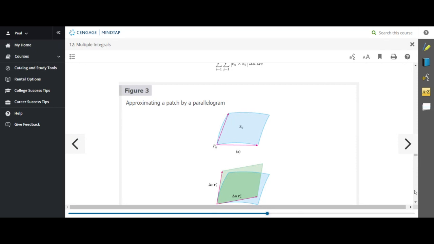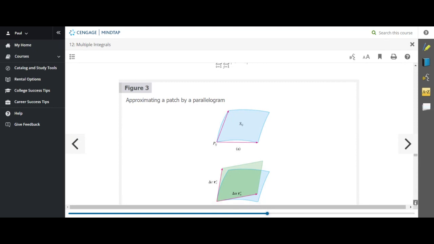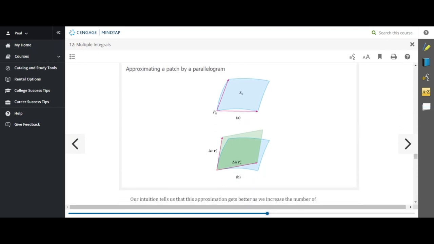But what you can do to make the approximation a little better is take those tangent vectors and multiply them by little deltas. So delta u multiplies the tangent vector r sub u, delta u times r sub u. That'll make the tangent vector shorter.